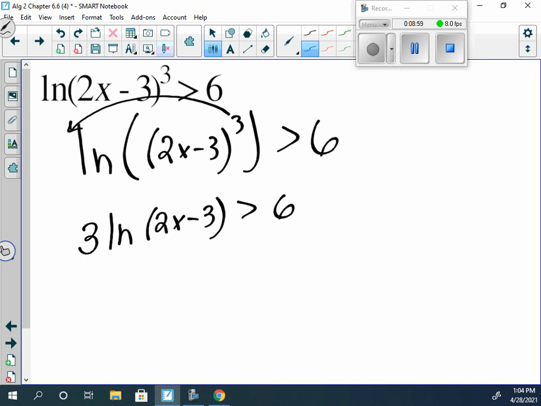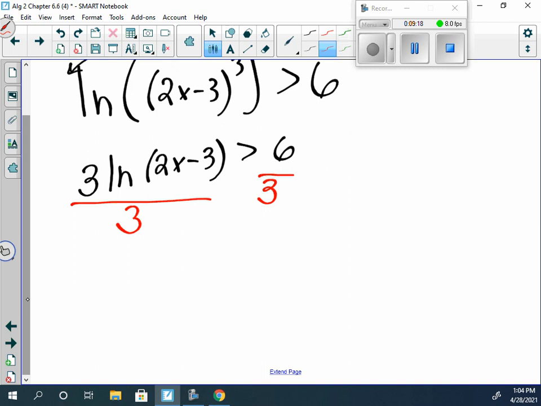Now what can we do next? Not subtract, but since 3 and the natural log are being multiplied together, we would undo it with division. We would divide both sides by 3, which tells me the natural log of 2x minus 3 is greater than what? 2.